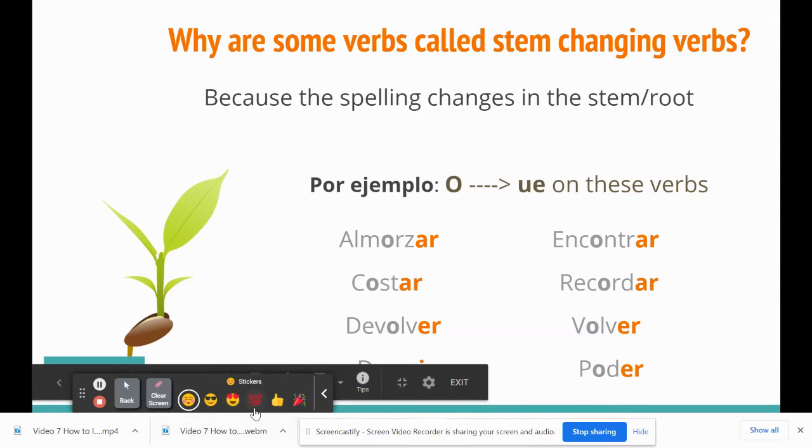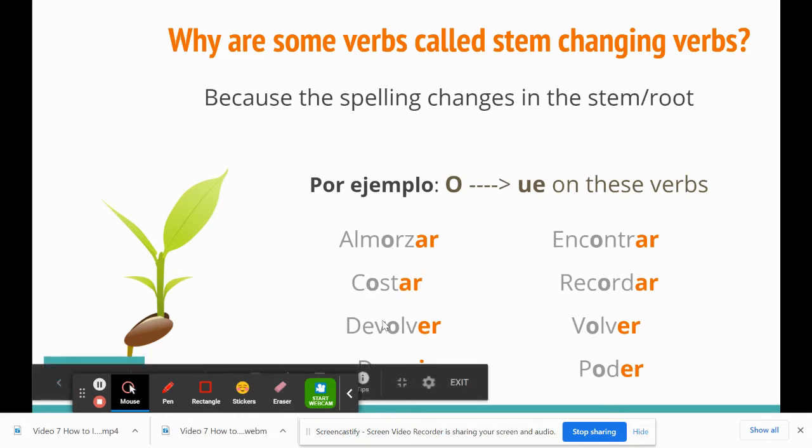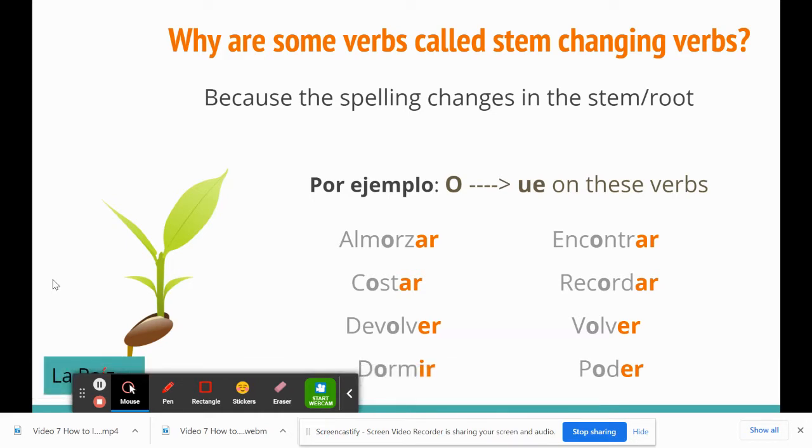For example, almorzar, costar, devolver, dormir, encontrar, recordar, volver, poder. See the O that is involved? That O is going to change to UE. Is that O going to change to UE for all of the subject pronouns? No. That's why we're going to see this in more detail in the next few slides.